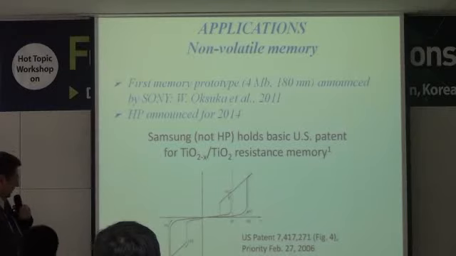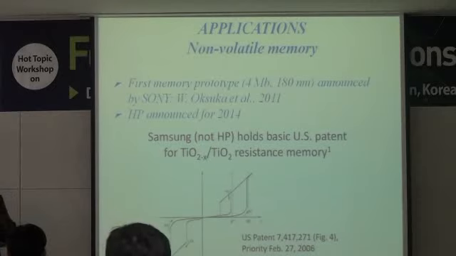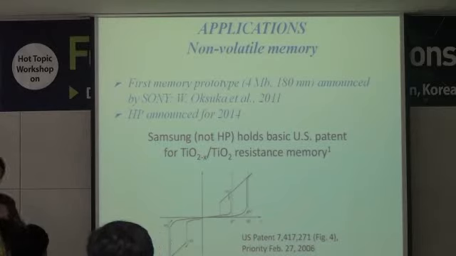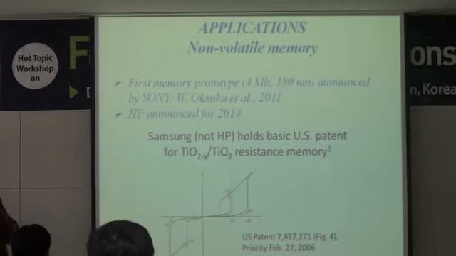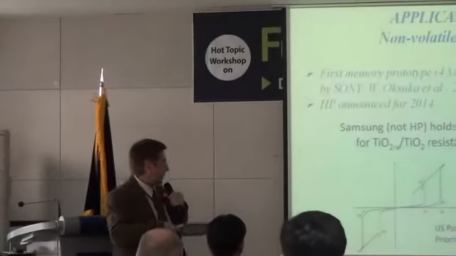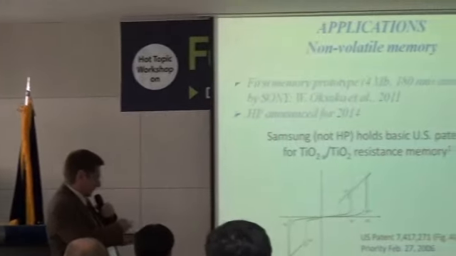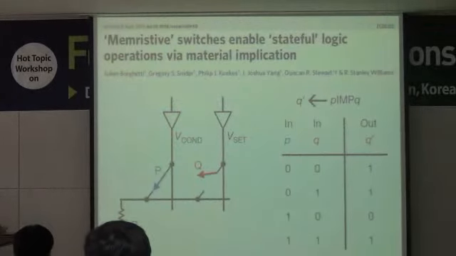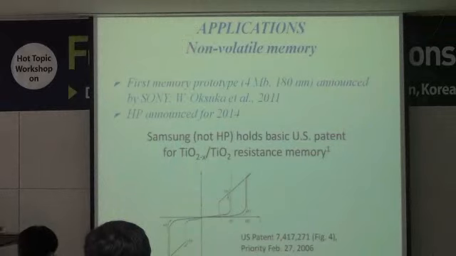As it seems very natural, this non-volatility will be used for a new type of memories, because with nanotechnology we may obtain a higher density than we have today in flash memories. In the near future it is expected that memristor memories will come to the market, and here is the patent of Samsung, who is the holder of such a device.